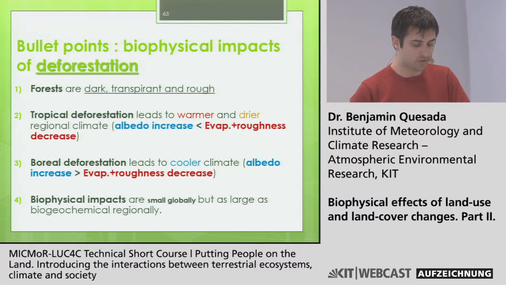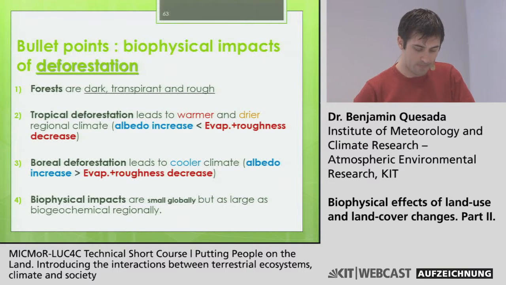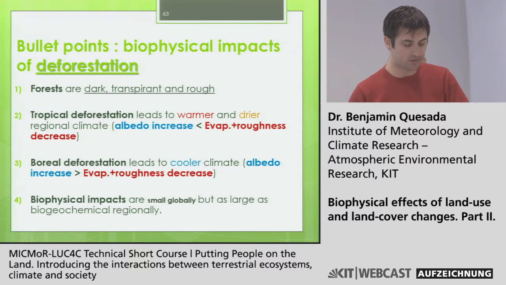In general, tropical deforestation leads to a warmer and drier regional climate because the small albedo cooling effect is dominated by the large changes in evapotranspiration efficiency, because tropical forests have a really high LAI, they are really good at evaporating, and this warming is dominating. For boreal deforestation, that leads to a cooler climate in general, because the contrast in albedo is dominating the small warming due to evaporation and roughness changes.